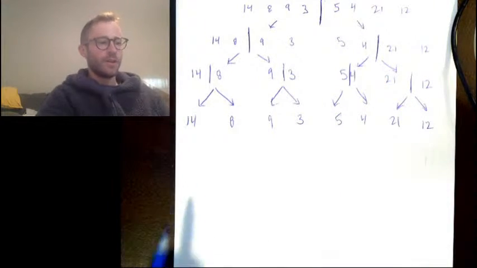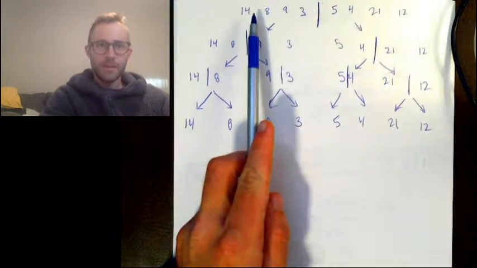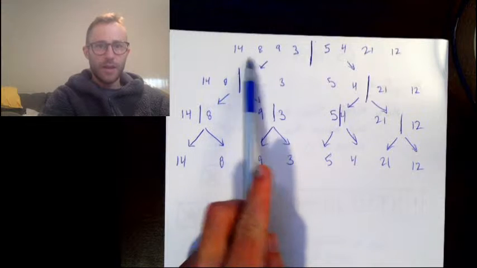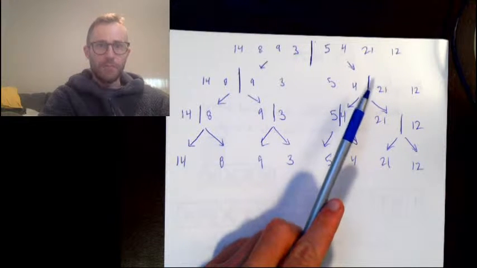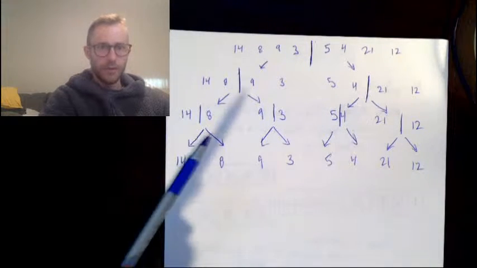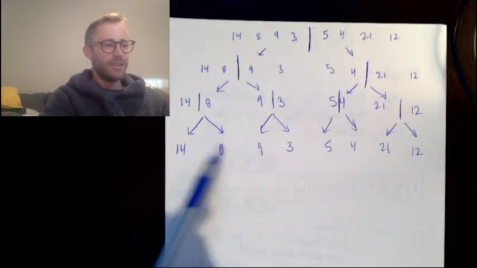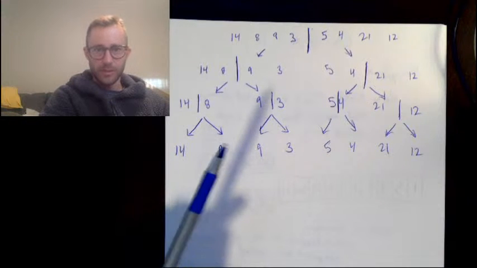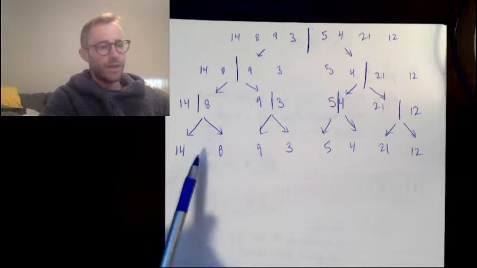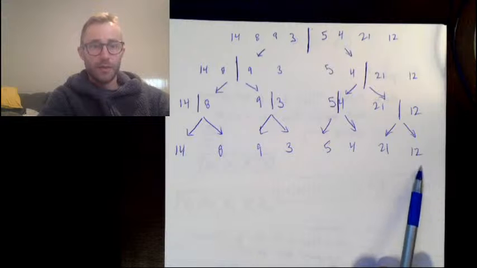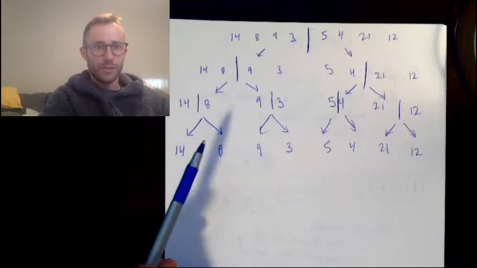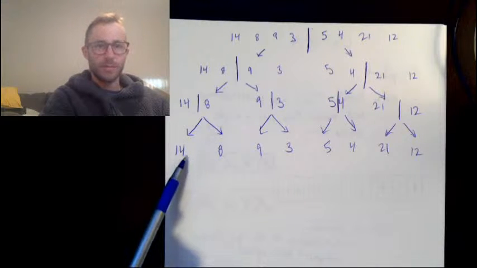So now what I've done is I've taken an array that started out with 8 elements, and I've broken it down into 8 individual arrays with single elements. Okay, so now I'm at the base case. So once you get to the base case, you know it's sorted.